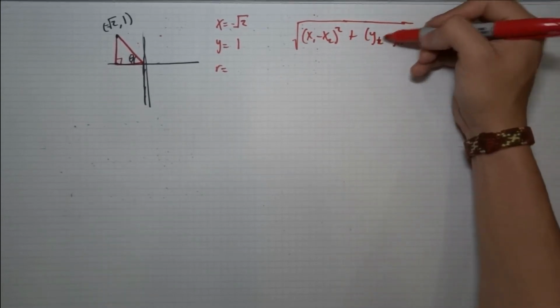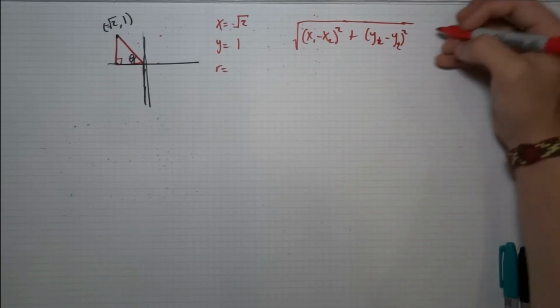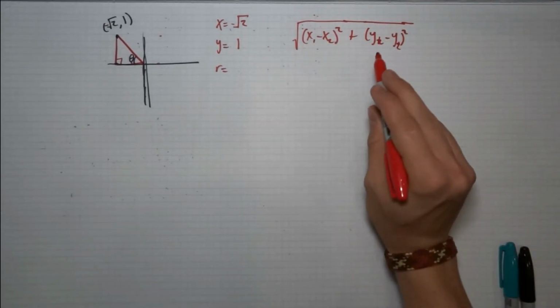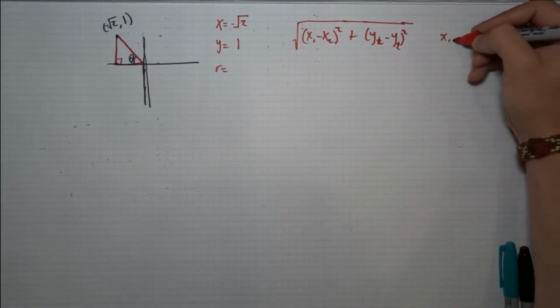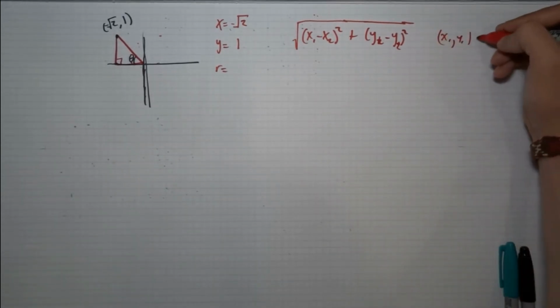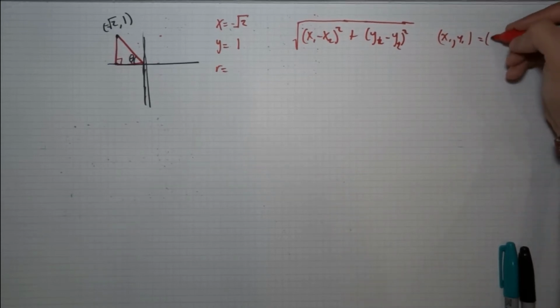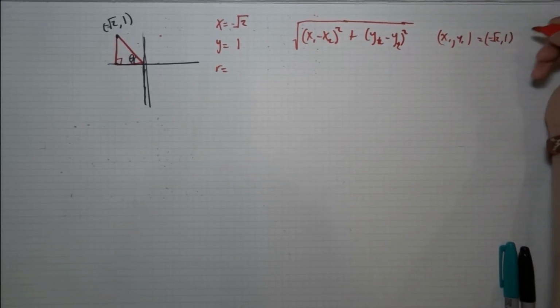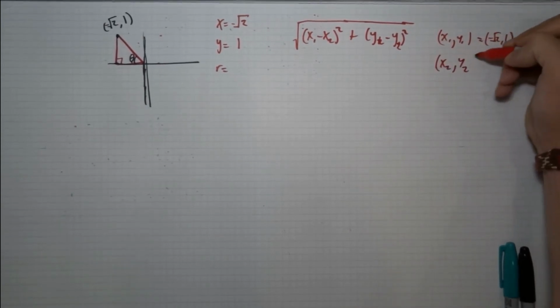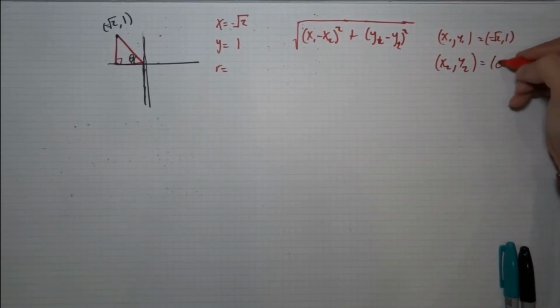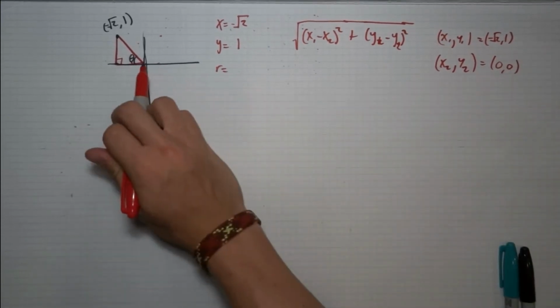Or x1 minus x2, sorry. So if our x1 and y1 are this point right here, x1, y1 equals negative square root of 2, 1, and x2, y2 equals 0, 0, because that's our point right here.